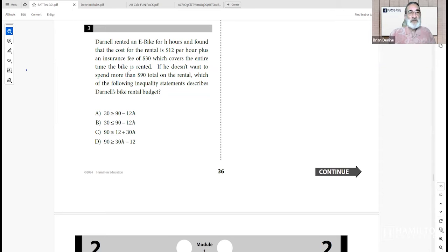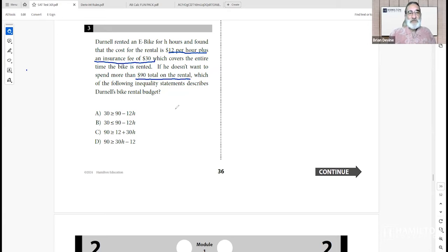If he doesn't want to spend more than $90 on the rental, which of the following inequality statements describes Darnell's bike rental budget? So he's spending $12 per hour plus a fixed fee of $30, and he has to be within a budget of $90.